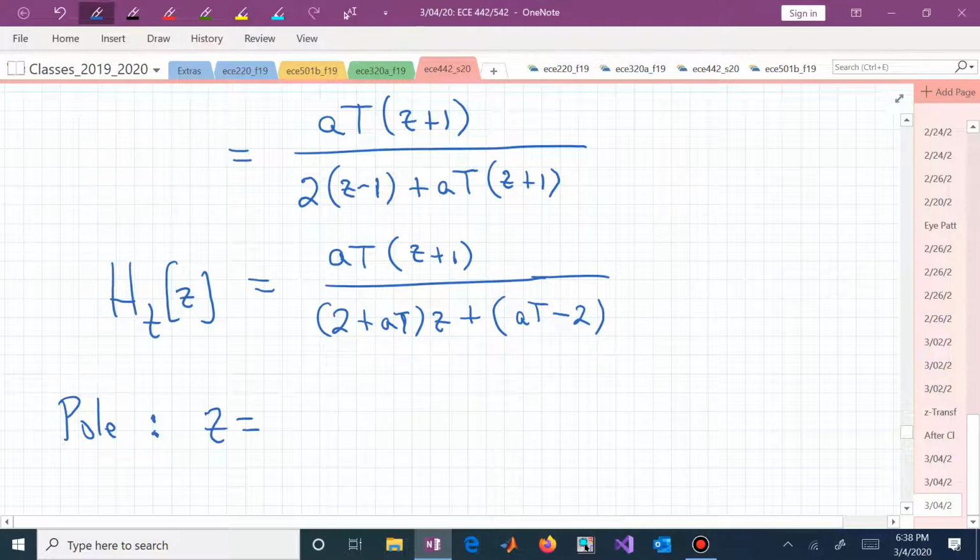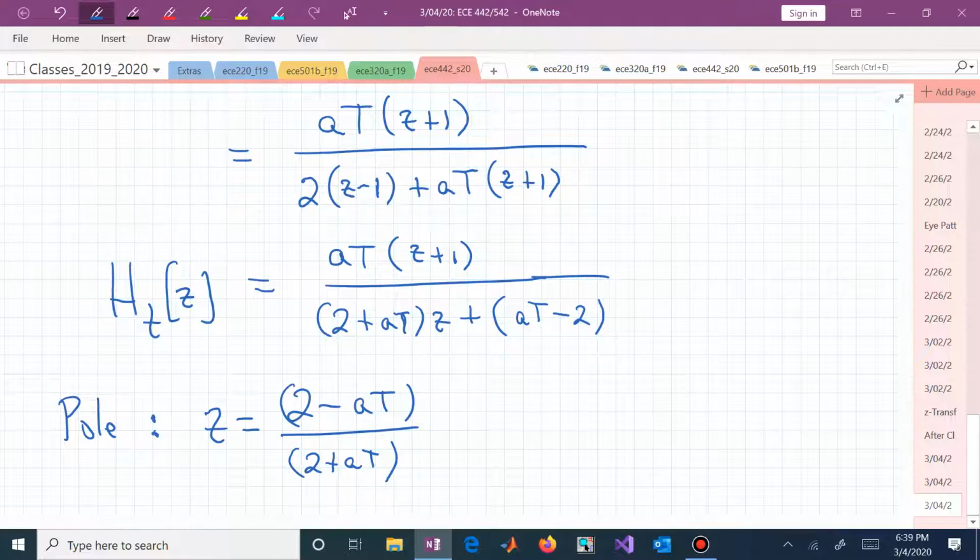We just set the denominator to 0 and solve for z. So that aT minus 2, if we put it on the other side, becomes 2 minus aT. And downstairs we're dividing by the coefficient of z, which is 2 plus aT. All right. How does that make you feel?